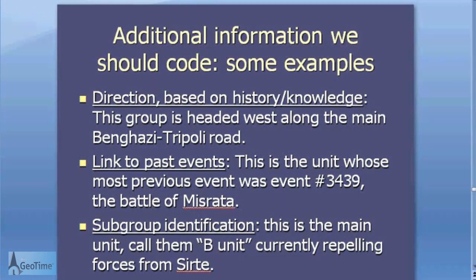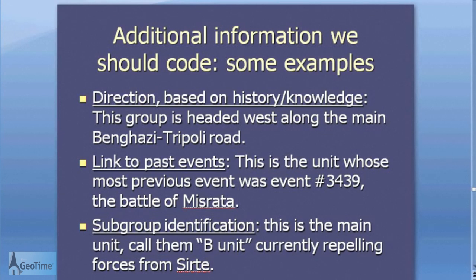We know, because of yesterday's report, that this is the same group that was coming from Benghazi, headed towards Tripoli. We also know, we could say it's linked to past events. Okay, this is the unit whose most previous event was event number 3439, the Battle of Misrata, and now they're headed to Sirte, for example.